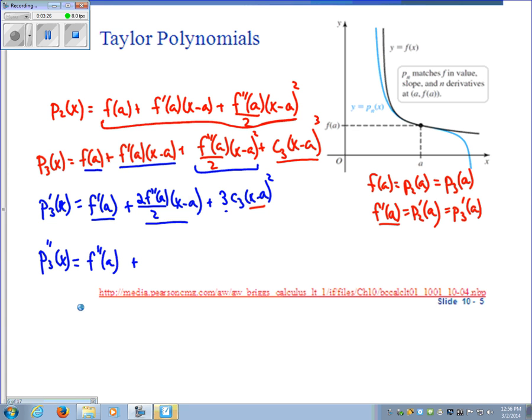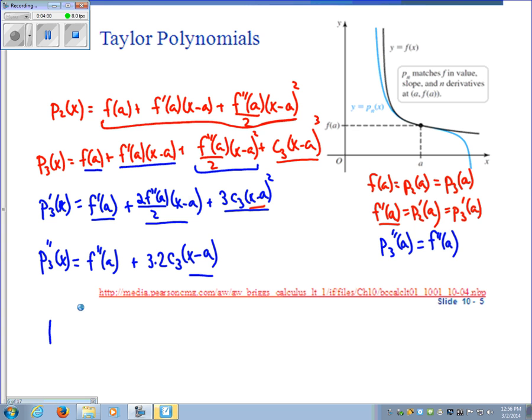Plus, the derivative of this last term, I multiply the 2 in front, so I'm going to have 3 times 2, c3 times x minus a. If I plug in x equal to a, p3 double prime of a will be equal to f double prime of a. So it agreed with the function's second derivative as well.